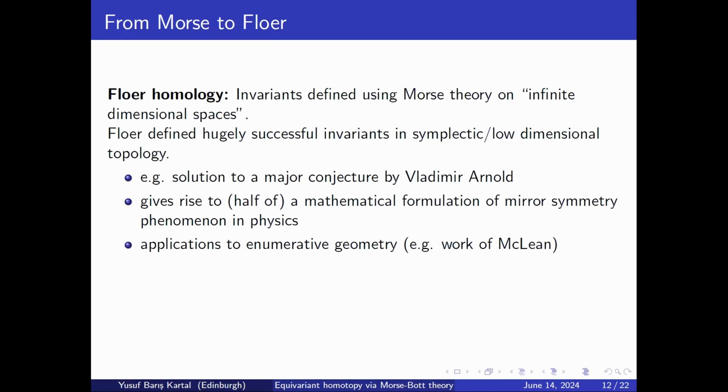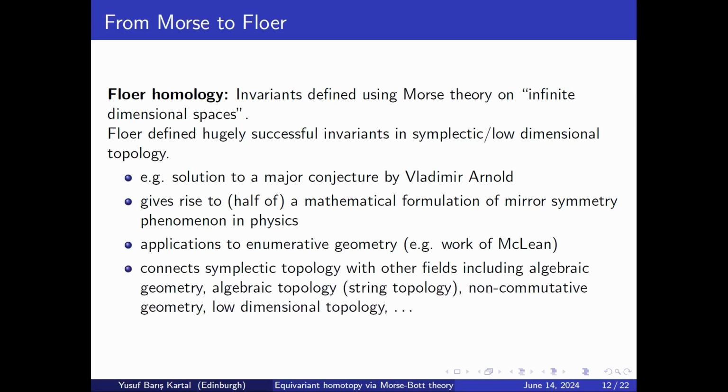There is a major result of McLean relating quantum homology rings of birational Calabi-Yau pairs, and the proof goes through Floer homology. And it connects symplectic topology with many other fields, including string topology, non-commutative geometry, and so on. So it's more for motivation.